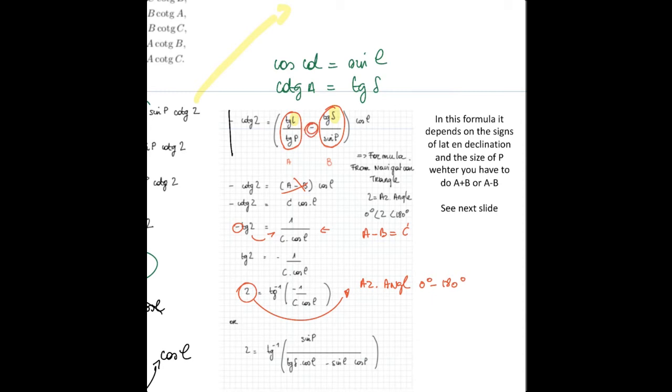It depends on the signs of the declination and the latitude, and the size of P as well, the polar angle, whether it is smaller or bigger than 90 degrees. These are the three elements that determine whether you have to add A to B, or subtract B from A. Okay, but there are rules for this.